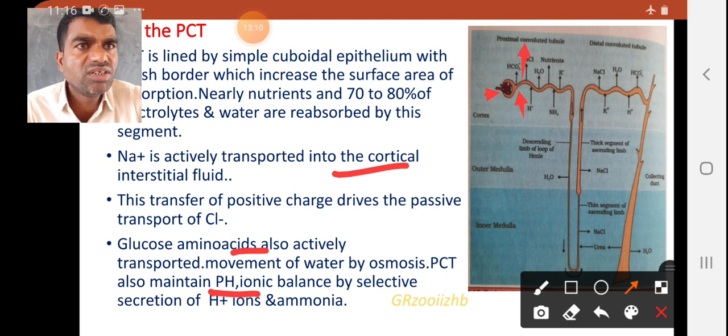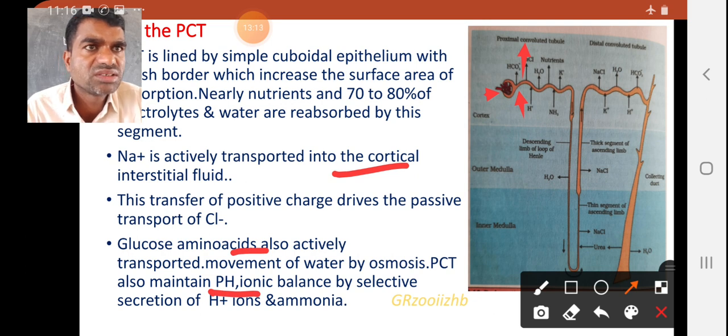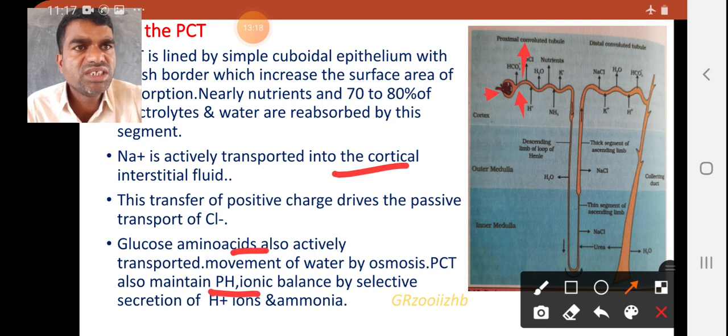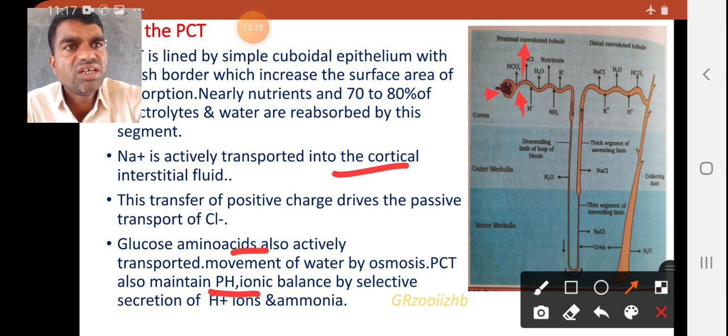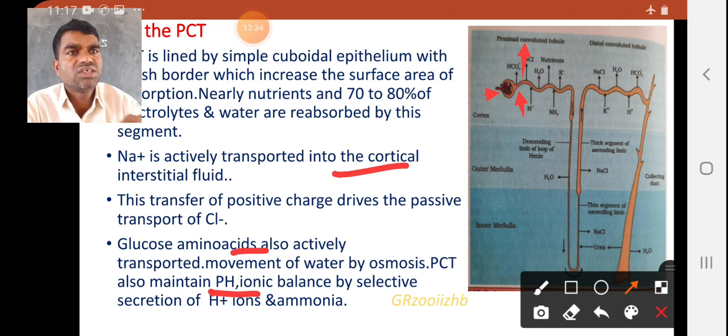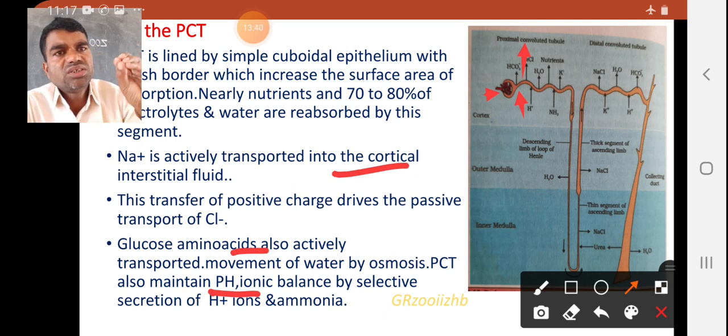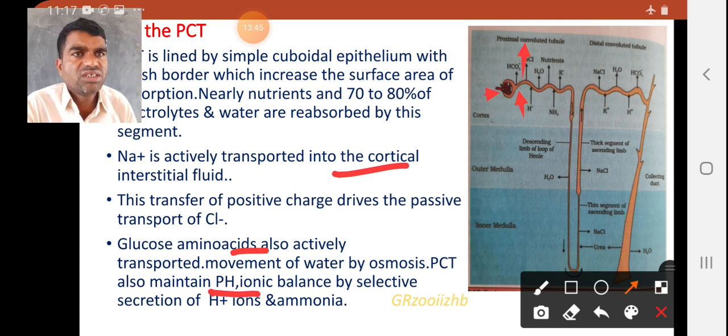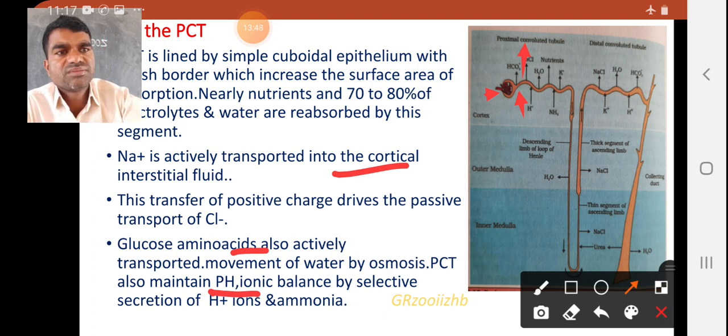In this proximal convoluted tubule, bicarbonate ions are released, and NaCl and H+ ions are exchanged. Different types of nutrients are reabsorbed, and NH3 ammonia and K+ ions are also handled. So 70 to 80% of electrolytes and water are reabsorbed here in the PCT region.